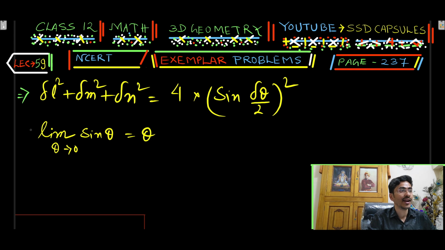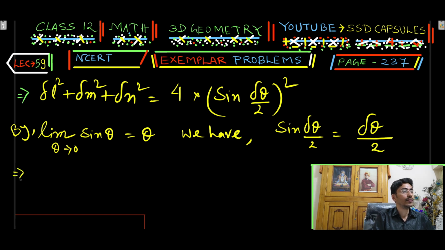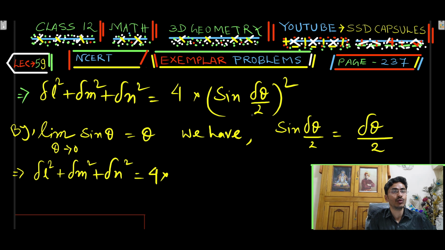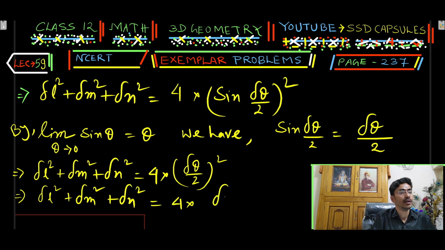So we can write sin(Δθ/2) equal to actually Δθ/2. So here ΔL² + ΔM² + ΔN² equals 4 into sin(Δθ/2), meaning Δθ/2, so (Δθ/2)², which implies ΔL² + ΔM² + ΔN² = 4 into Δθ² by 4.